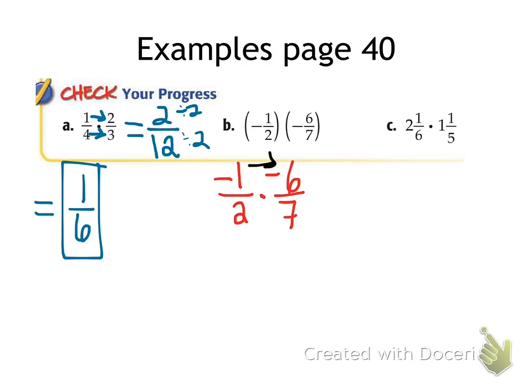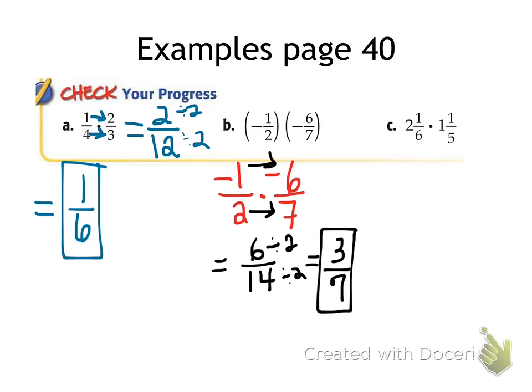So -1 times -6 is +6. 2 times 7 gives us a +14 in our denominator. Alright, simplifying, I'm going to divide by 2. When I do that, I get 3/7. So my answer is 3/7 to part B.